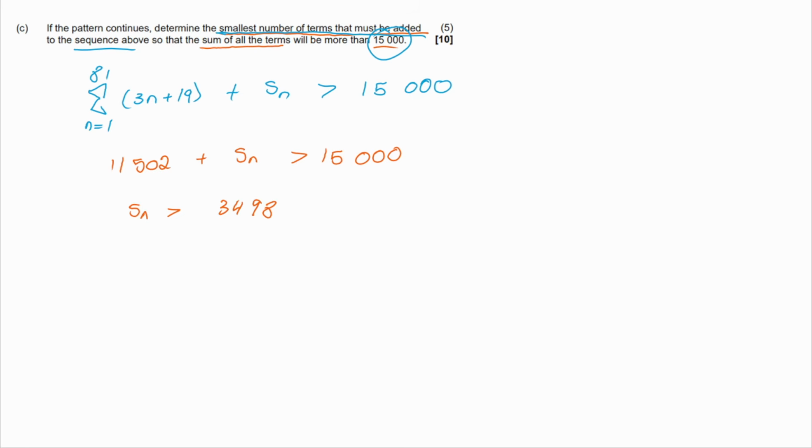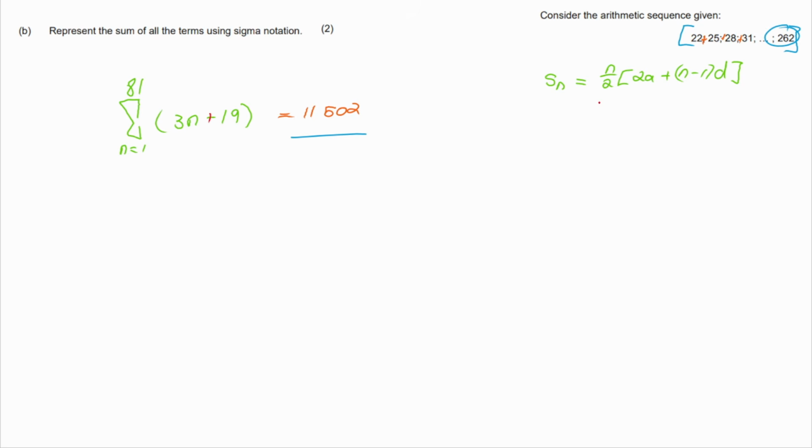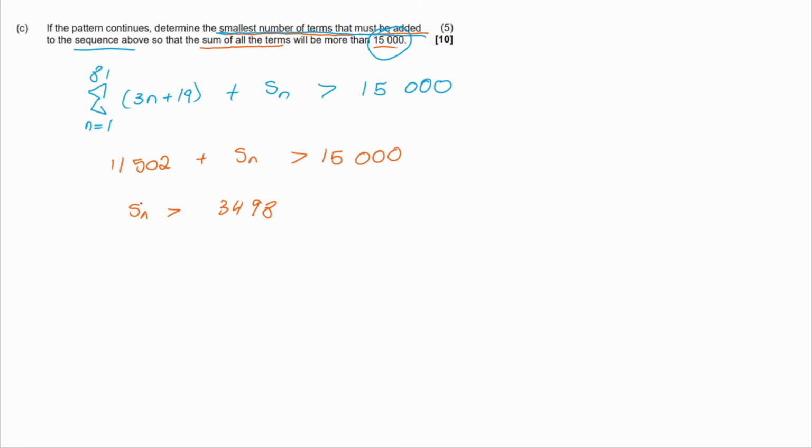So I know that if I keep continuing with this pattern, I have 265, 268, remember because we're adding 3 every time, 271, etc. I want to find out how many more of these I have to add until I get to 15,000. But what I know here is the sum of these terms has to be greater than 3,498.